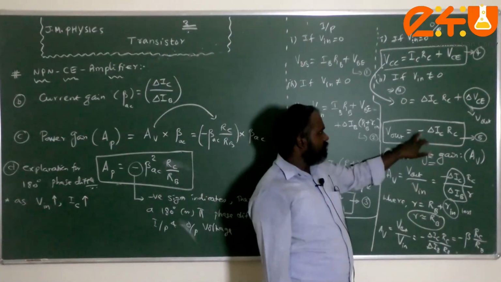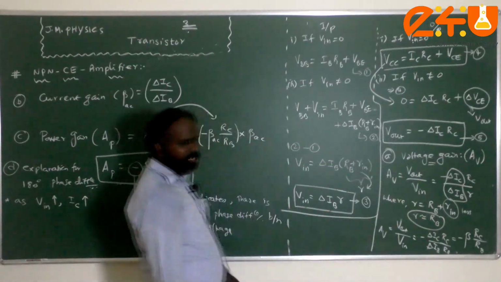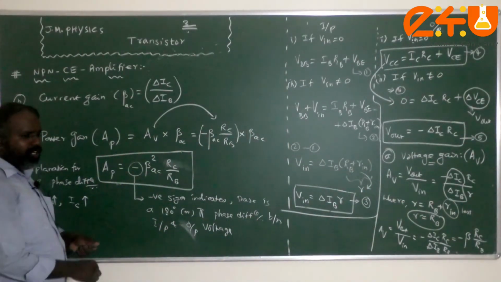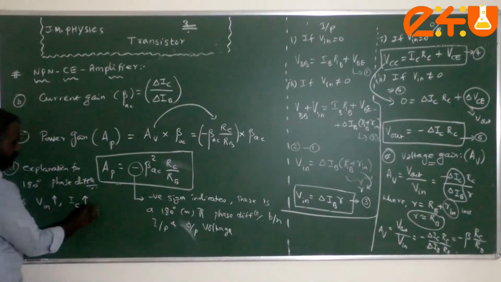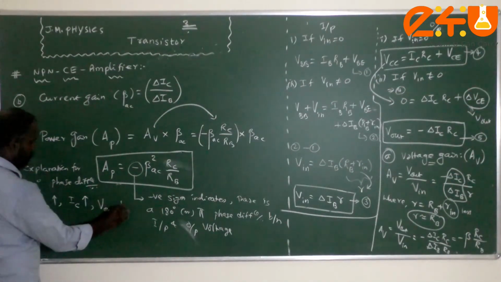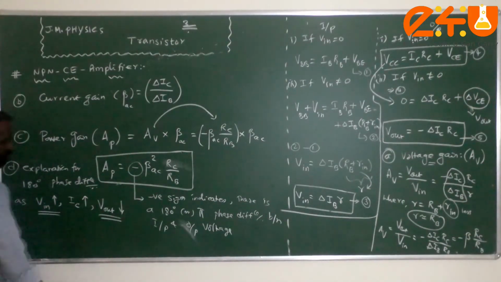When IC increases with the negative sign, V out is considered to decrease, because in negative numbers a larger number has lesser value. Therefore V out decreases. So when input increases, output decreases.